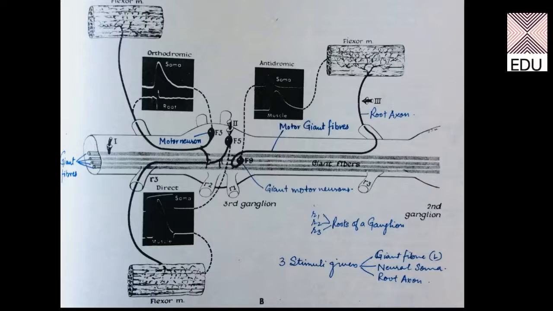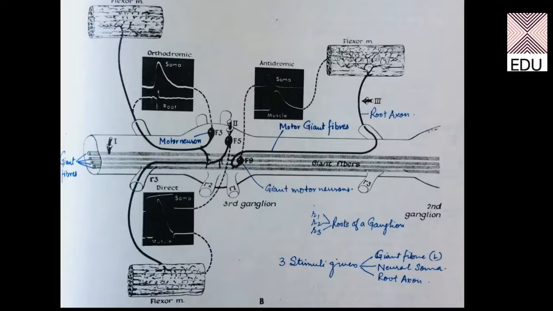Ultimately, what is the importance of the electrophysiochemical experiment which has been done over here, is that whenever the crayfish is in some danger, through these impulses through these giant motor systems, through these giant motor fibers, the crayfish can flee out of that particular place, and it can save itself from the predator.